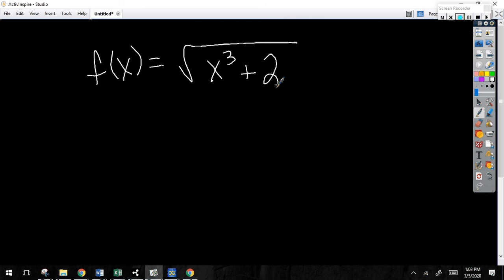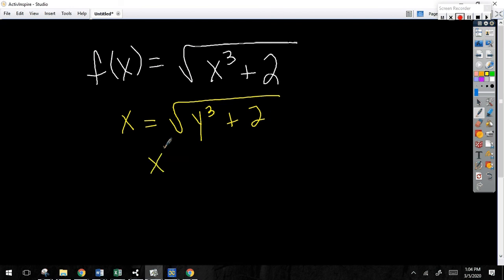Flip x and y. I don't see a y though. f of x is y, right? So I'm going to make this x equals square root of y to the third plus 2. What can I do now? Square both sides. So I get x squared equals y cubed plus 2.